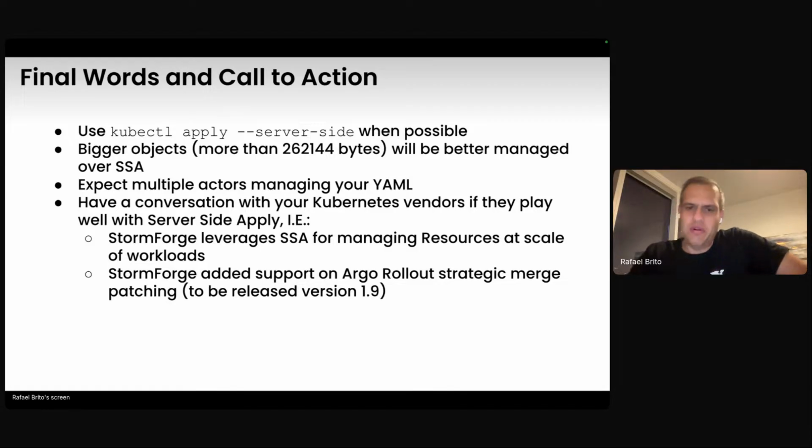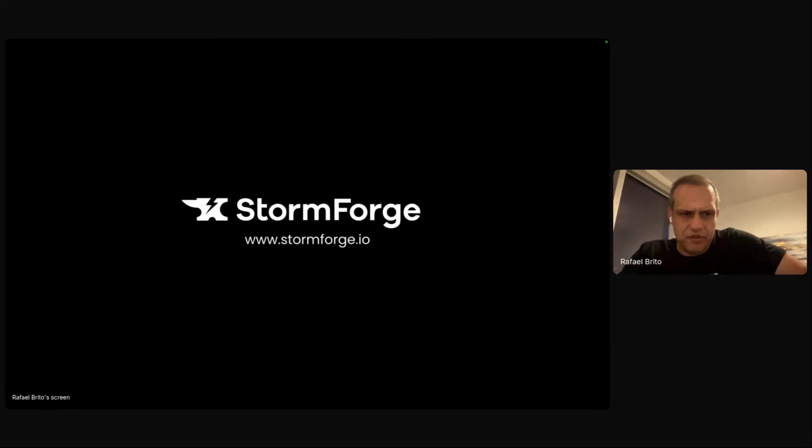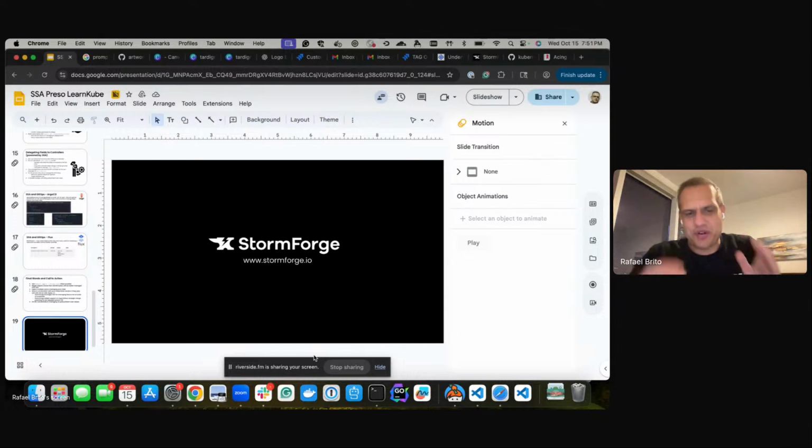If you try to patch Argo Rollouts, you're not going to have good results, and for the next version, strategic merge patching will be fixed. And finally, on Git, concentrate on policy intent over the actual values. That's all I have to say. I tried to be very simple and practical.